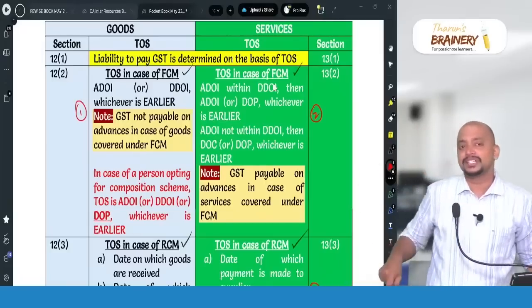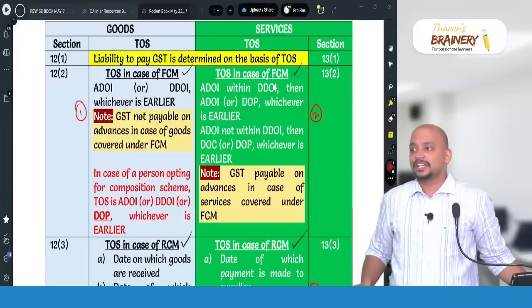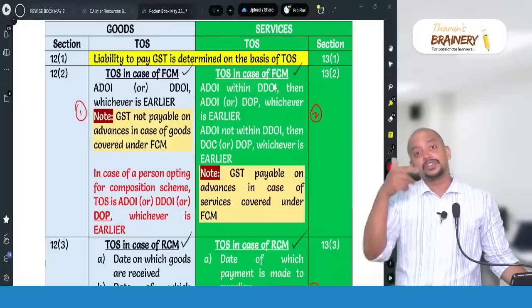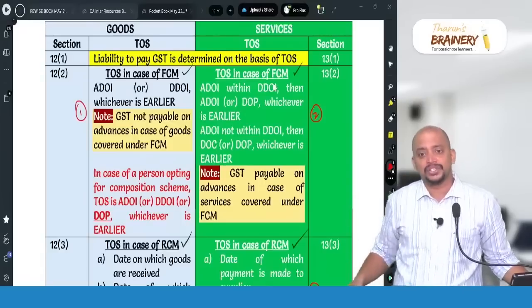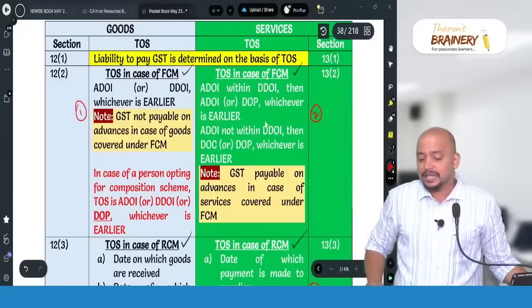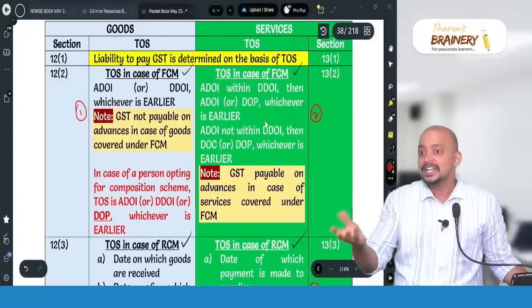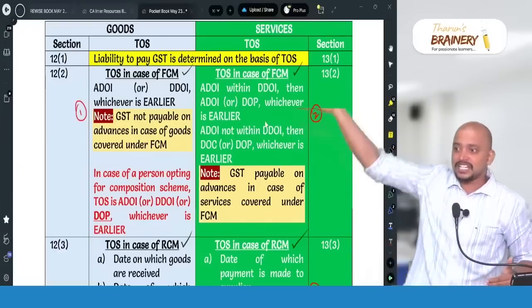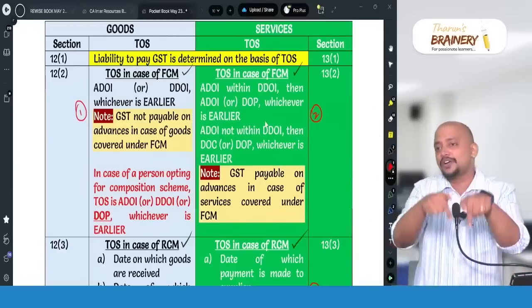For example, if the invoice is given within 30 days from the date of completion, then invoice date or payment date, whichever is earlier. If the invoice is not given within 30 days from the date of completion, then completion date or payment date, whichever is earlier. Whether GST is payable on advances in this case? Yes, because date of payment is one of the dates. If payment is this month and invoice is next month, whichever is earlier, so this month we have to pay GST.